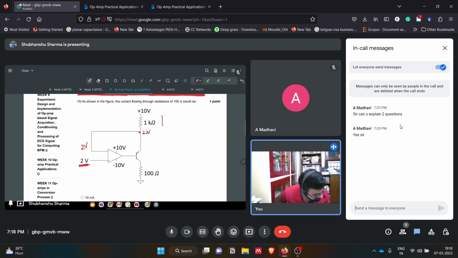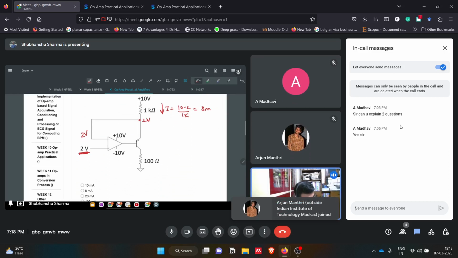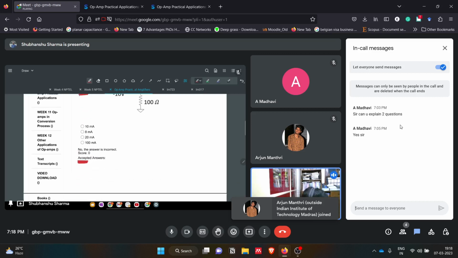So we can find the current here, that is (10 minus 2) by 1k, we'll get the current 8 milliamps. And if we are neglecting the base current in this BJT, then we can get the current through this 100 ohm resistor. That is another thing.